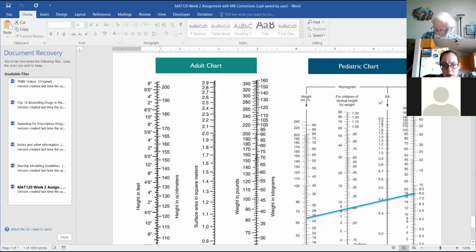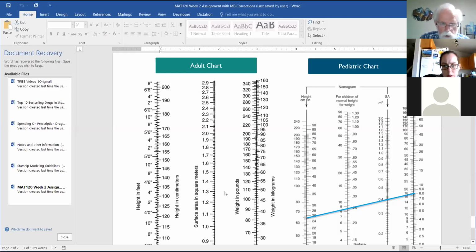So we were told that our patient was 155 centimeters, which is this point right here, which is 5 feet and 1 inch. If we look at the scale, 155 centimeters and weighs 115 pounds.